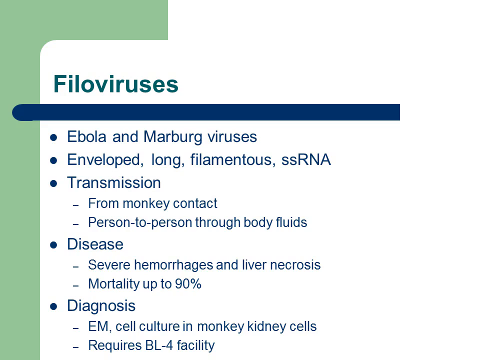Mortality can be up to 90%, and individuals that work on these viruses have to work on them in a biosafety level 4 facility where you are in a suit and hooked up to an airline inside a complete full air pressured suit. So diagnosis can be electron microscopy, and you can do cell culture in monkey kidney cells.